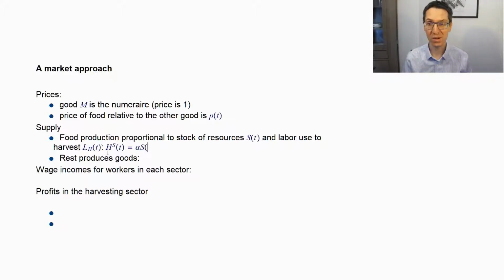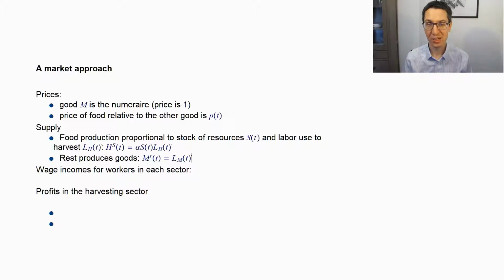This harvest will later be bought by consumers, of course. The supply of the aggregate other good is produced in the same linear technology as before. So we write M^S, the supply, equals the labor force in that sector, L_M,t. So that was the output of the industries.